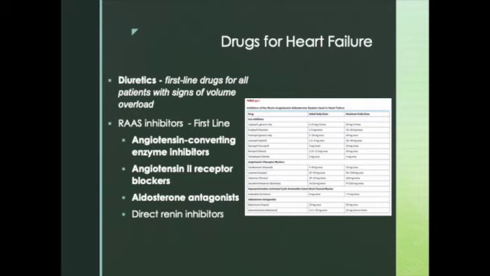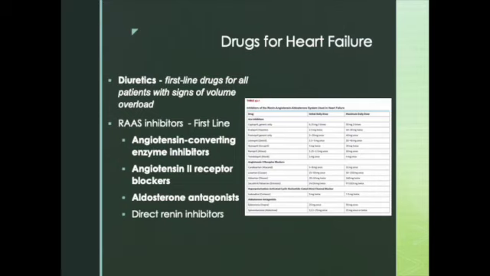Now, angiotensin II receptor blockers are very similar to ACE inhibitors, but they're not identical. We'll have the same benefit of hemodynamic effects, and we'll see a reduction in heart failure symptoms, increased exercise tolerance, decreased hospitalization, enhancement of quality of life, but most importantly, it will reduce mortality.